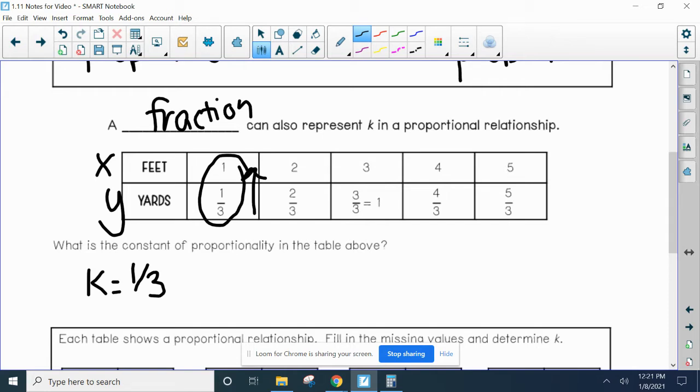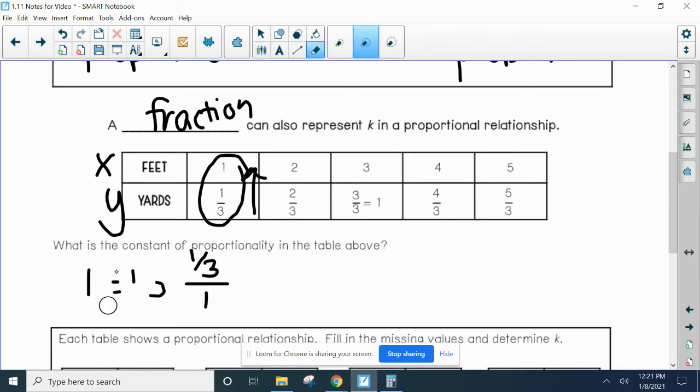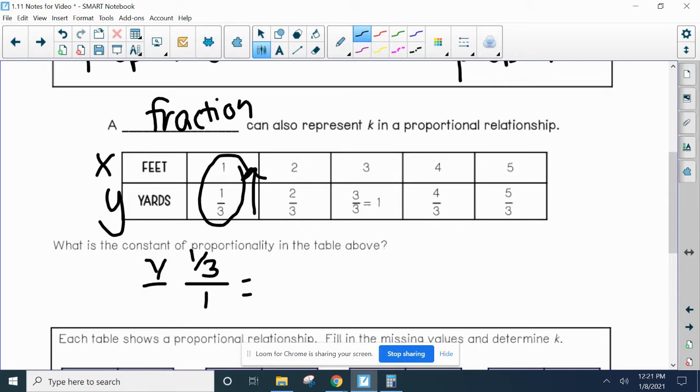Because we said y over x. Here's our example. Y divided by x. K equals y over x, which is 1/3 over 1 equals k. So k equals 1/3.